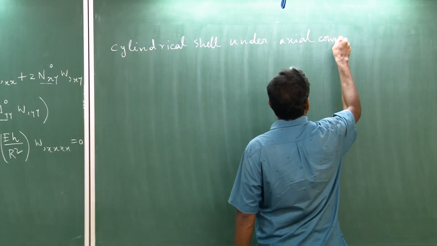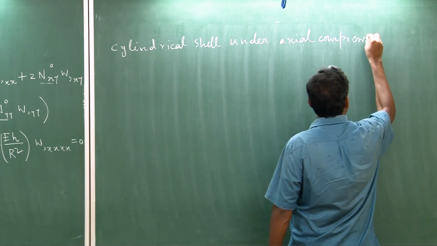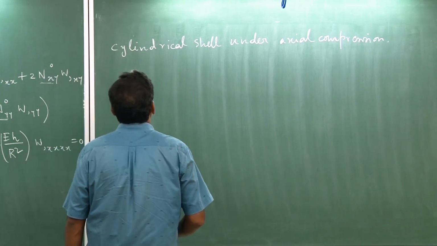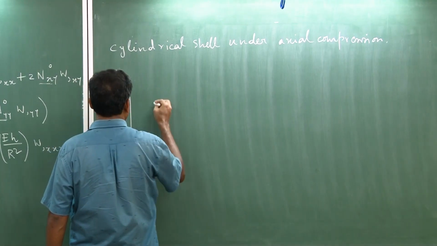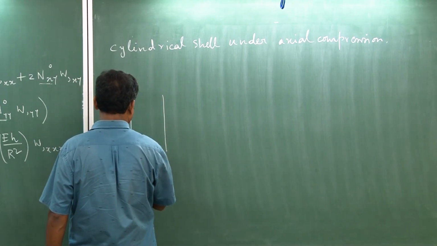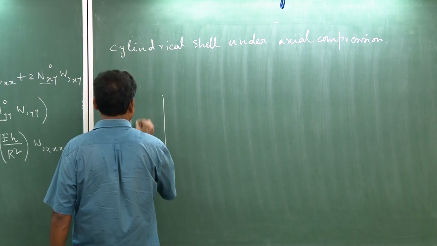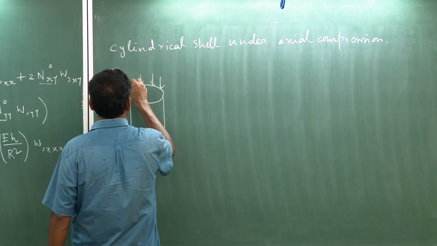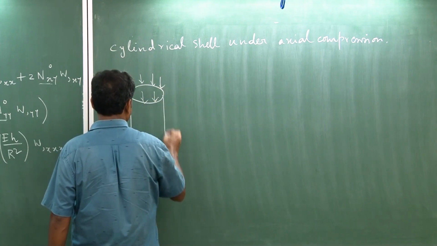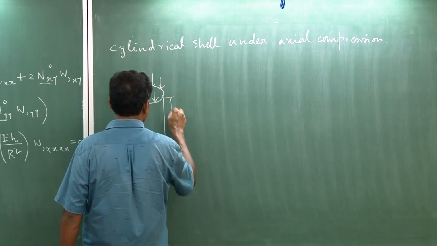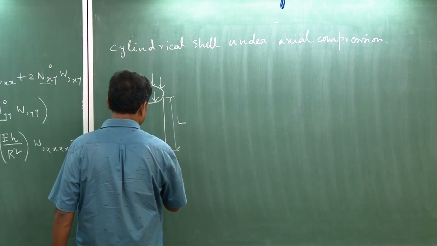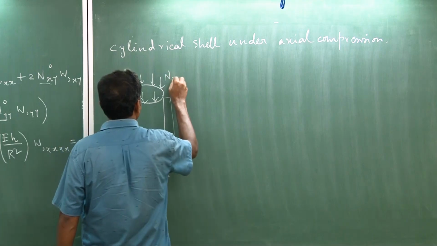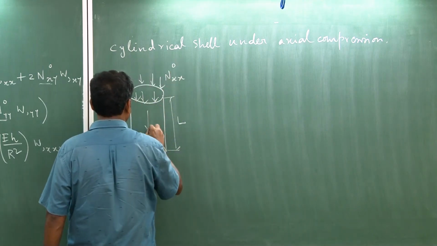Here the length is L, the radius is R, and it is subjected to N xx 0, because the longitudinal axis is x.